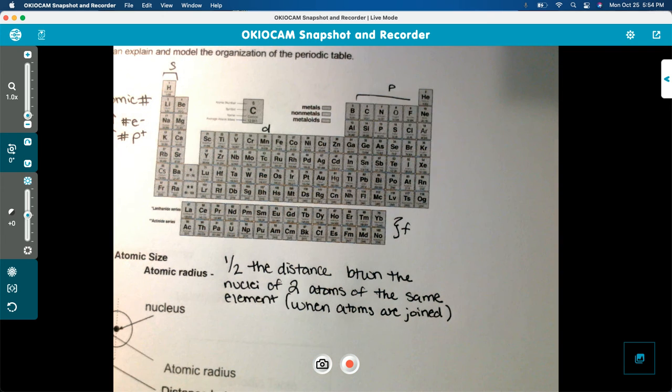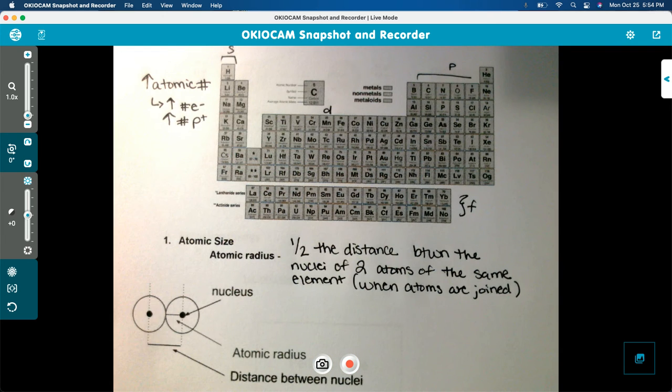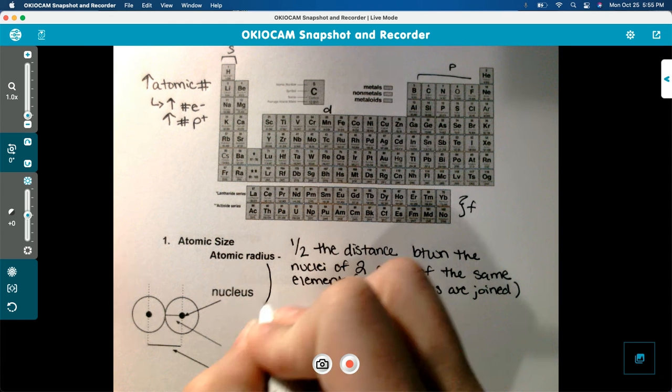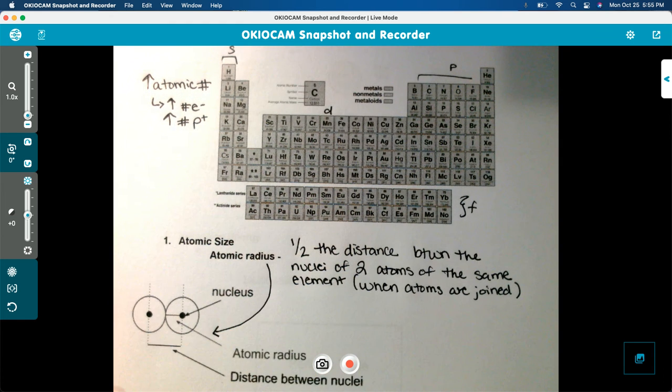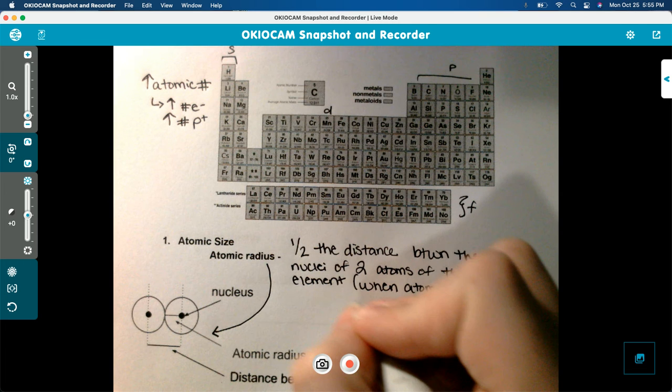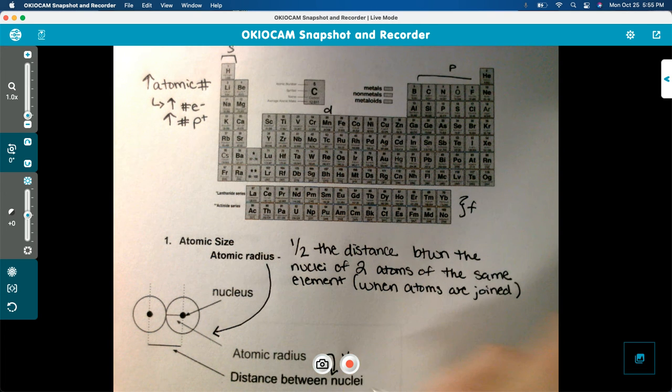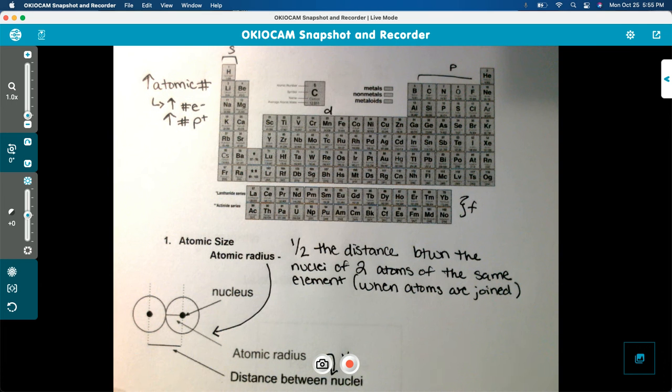So right here off to the side, I've got a picture of two atoms. Our nucleus is here in the center. The atomic radius is going to be half the distance between the two nuclei, or the distance from the nucleus to the outside edge of each atom. So as you can see here, this is our atomic radius that we're pointing to right there, which is also half of the distance between the nuclei, which I just wrote down there.